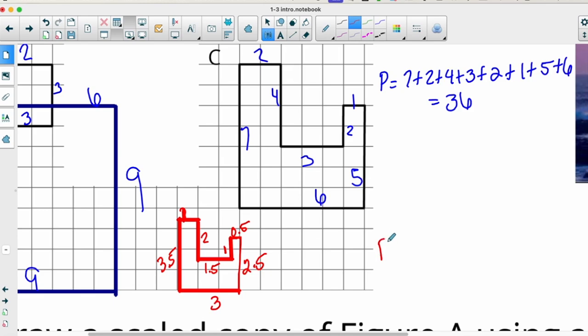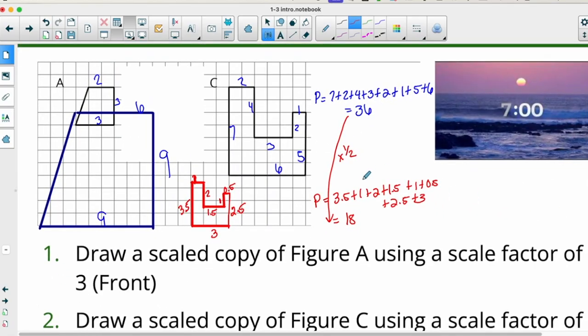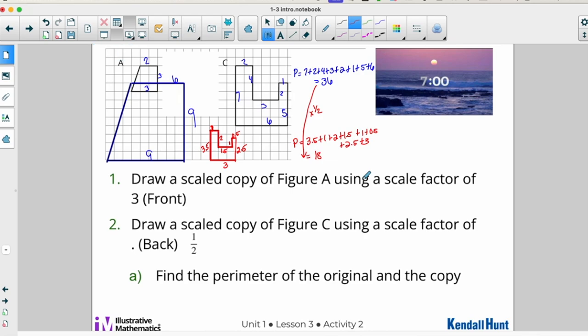And then down here, I have perimeter is 3.5 plus 1 plus 2 plus 1.5 plus 1 plus half plus 2.5 plus 3, and that is equal to 18. And I notice that 18 is half of the original perimeter 36. So it seems like whatever I multiply the side lengths by, I end up multiplying the perimeter by that same amount.